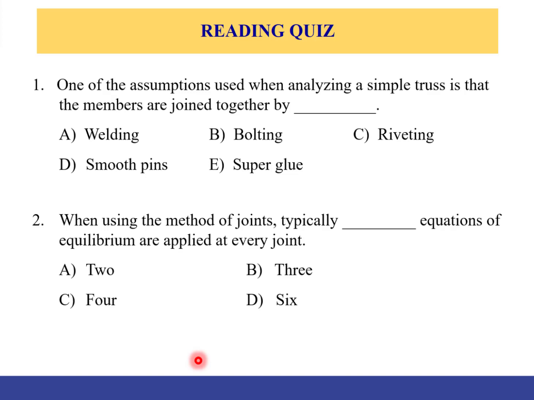So remember that the method of joints, as we will find later, depends on applying the equilibrium equations in two directions for coplanar structures, and they will provide you with the number of equations necessary to solve for all unknowns.